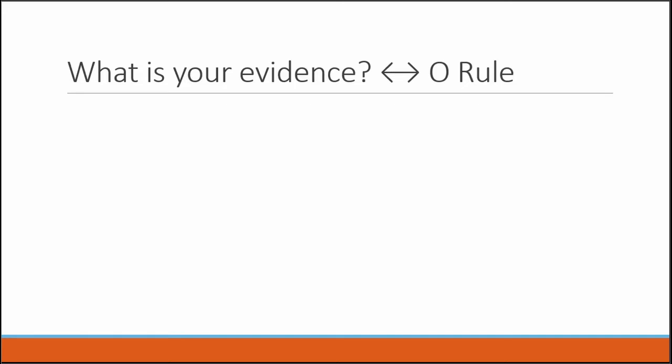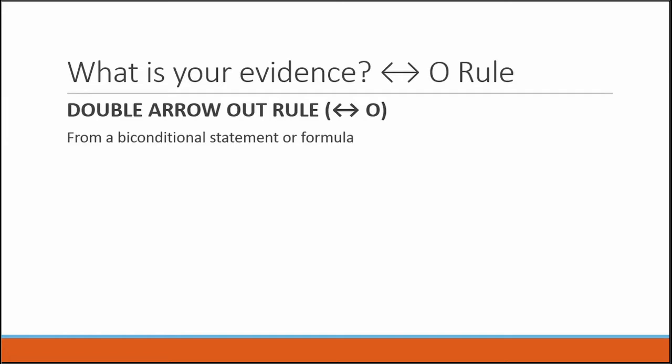So biconditionals have two rules, an introduction rule, an in rule, and an out rule, just like the other logical operators that we've learned. So double arrow out rule states, from a biconditional statement or formula, infer either of the corresponding conditionals. Let me explain with an example.